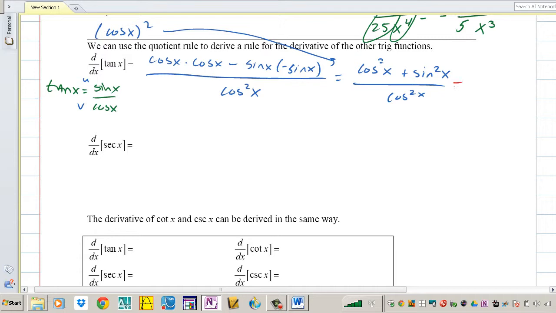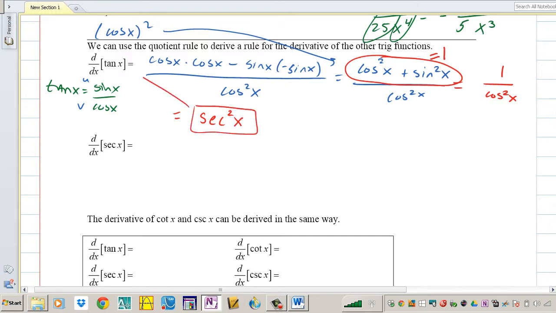But there is something you do know. In pre-calculus, you learn about your trig identities. Cosine squared plus sine squared is 1. So I'm going to replace that with 1 over cosine squared x, which is the same thing as secant squared x.